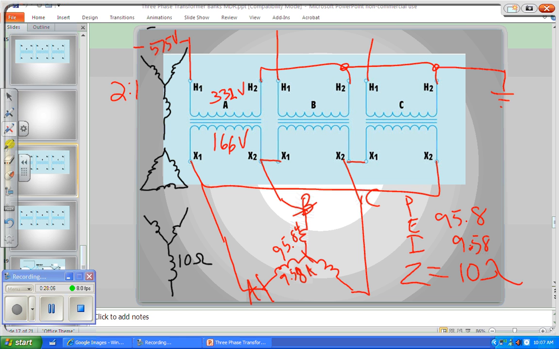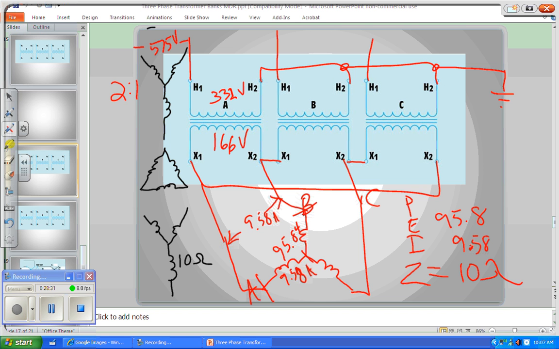Current. So that means my load phase current is 9.58 amps. Everybody agree with that? That's my load phase current.